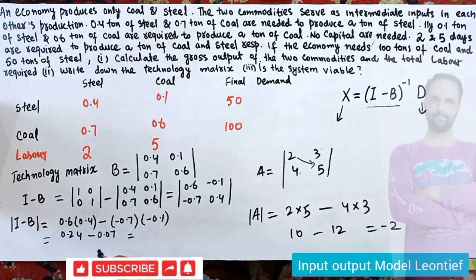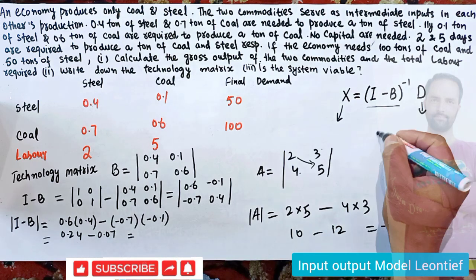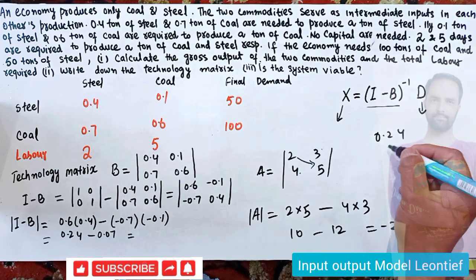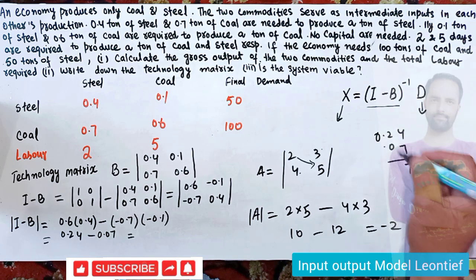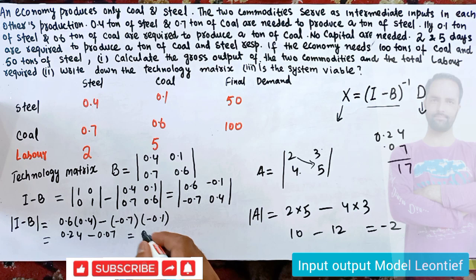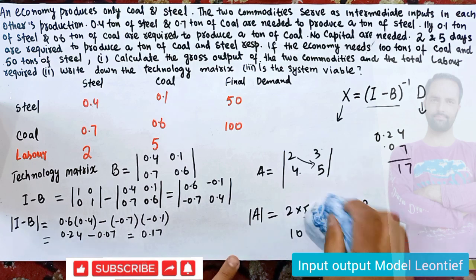Now when you subtract 0.07 from 0.24, we will get 0.17. So we got the determinant of I minus B is equal to 0.17.